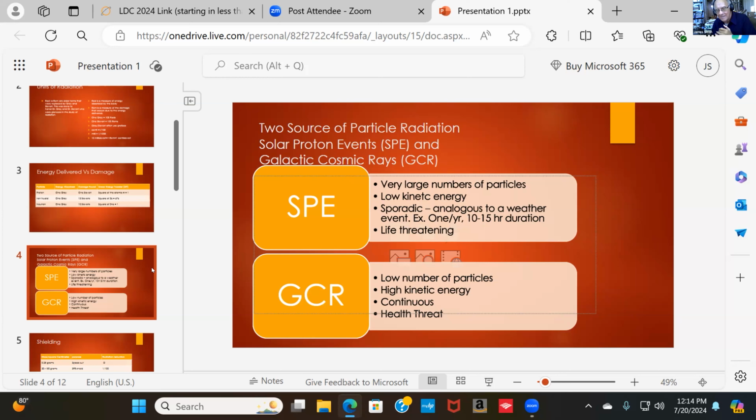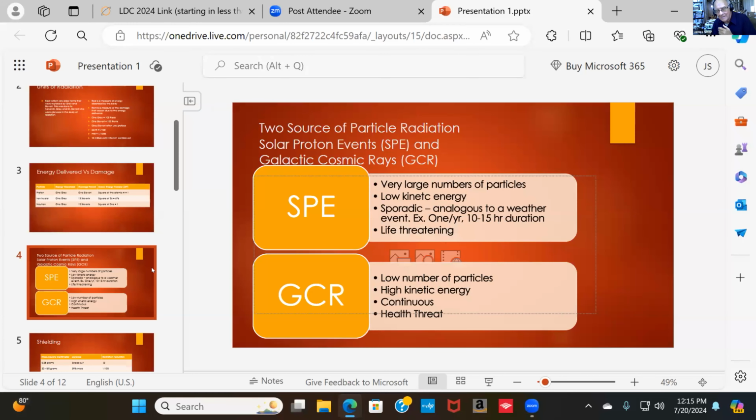They are also sporadic, and so they're analogous to a weather event. So you might see one SPE occur in a year, and it would be of a 10 to 15 hour duration. Because of the enormous number of particles, they deliver a considerable amount of damage to a human being, and they are considered to be life threatening.